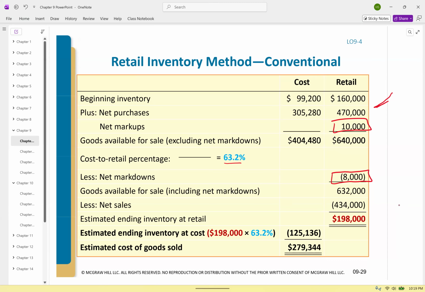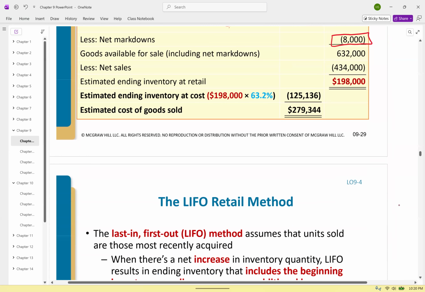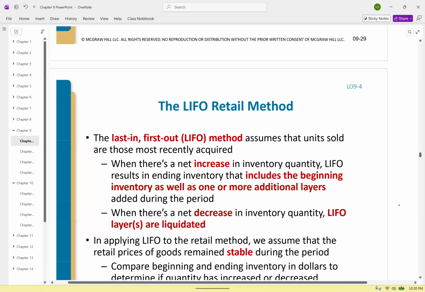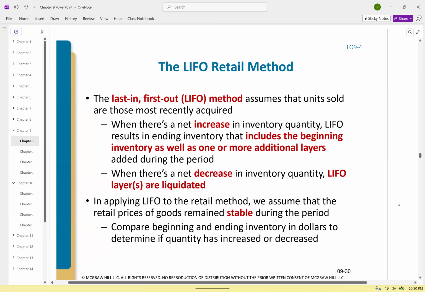Several of y'all are in audit or going to be in audit, so not a material difference, then that's okay. You're on the right path if you do this two different ways and your percentages are close to each other. Okay, all right. Then now we are going to look at the LIFO retail method.